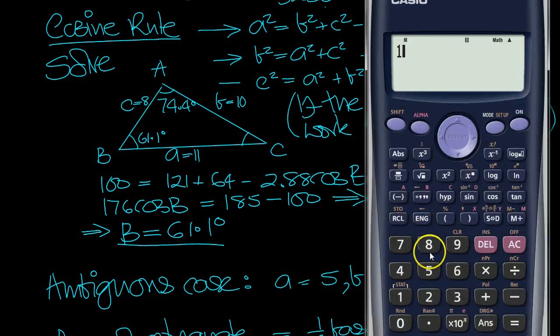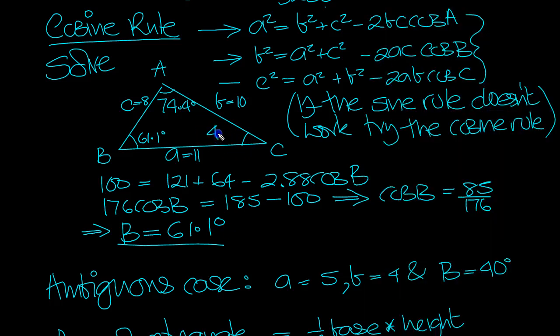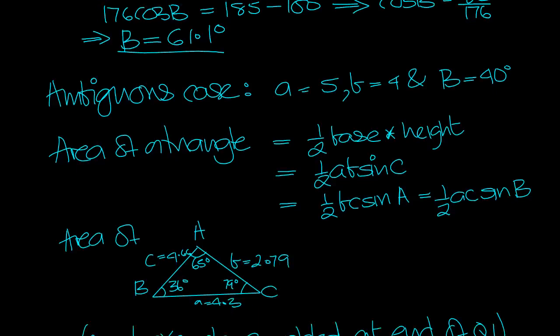So 180 minus bracket, the other ones, 74.4 plus 61.1, close bracket. And we get 44.5. Because the angles add up to 180, don't they? So that's that one done then, good.